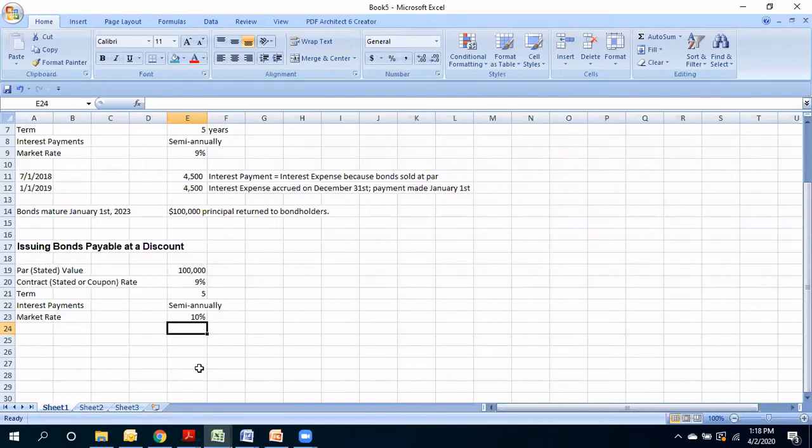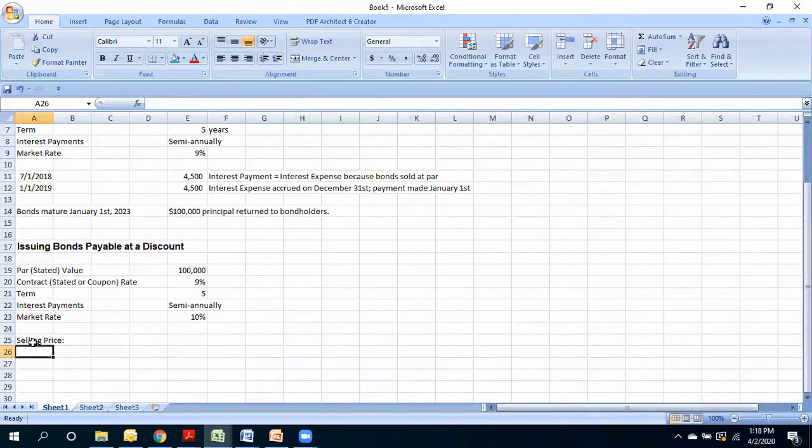What I am going to do is show you how we calculate the selling price of this bond. And this introduces to you the concept of the time value of money. We have two things going on here.